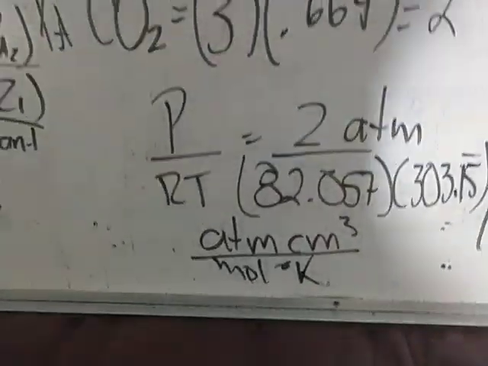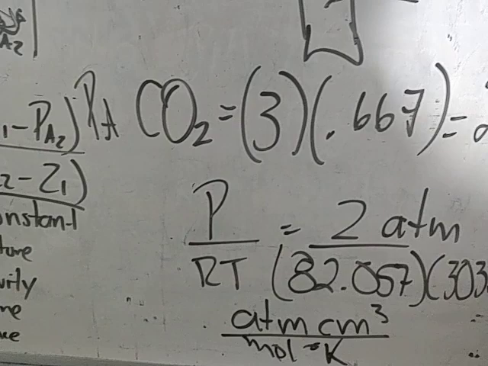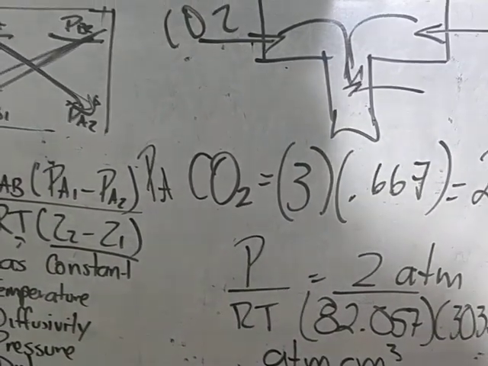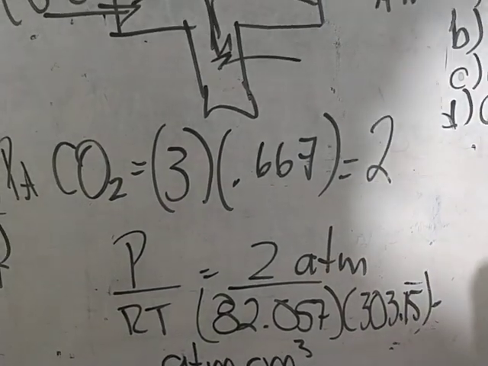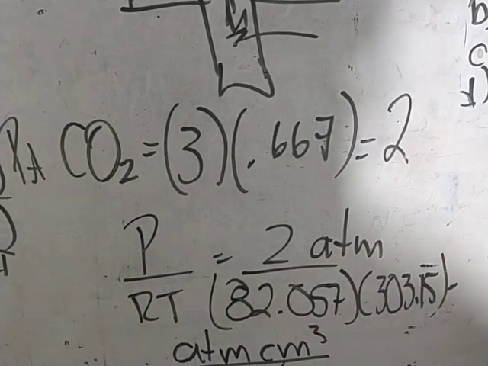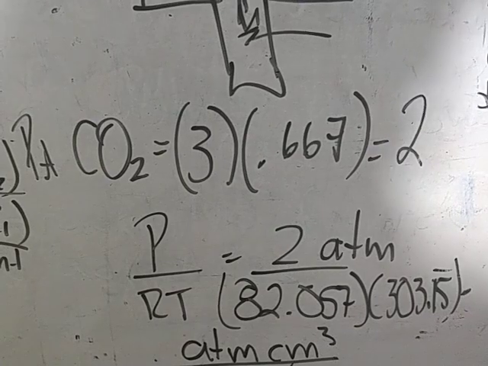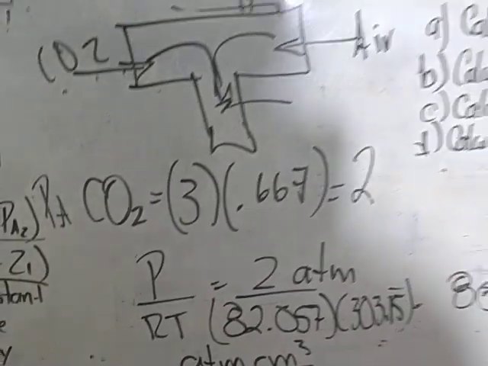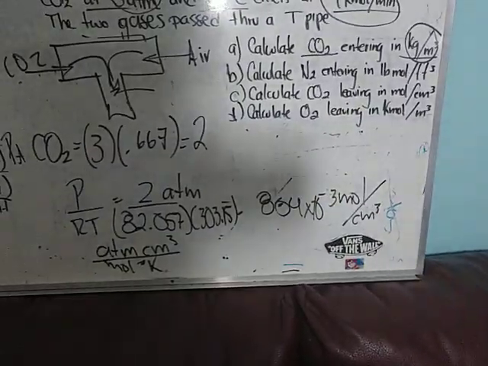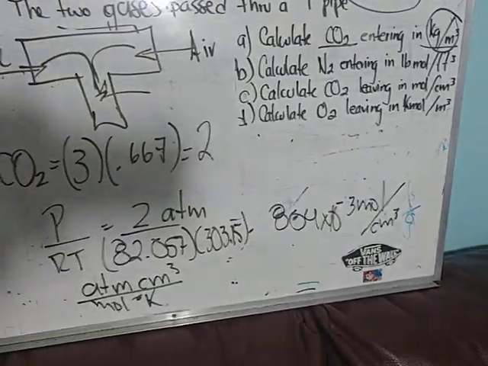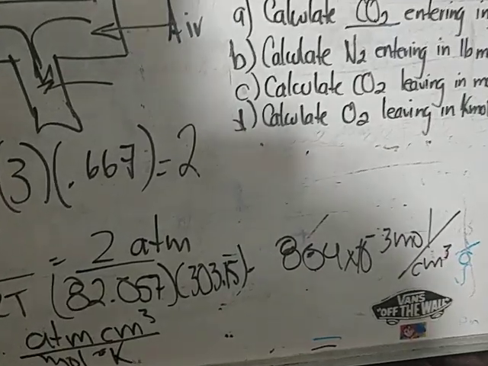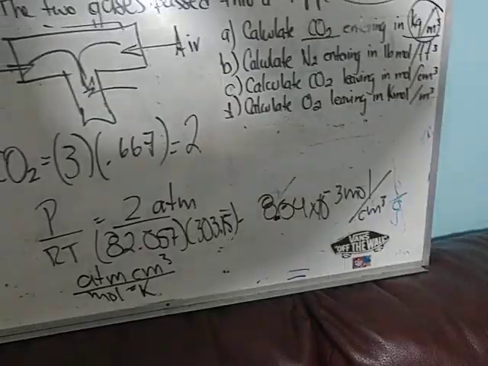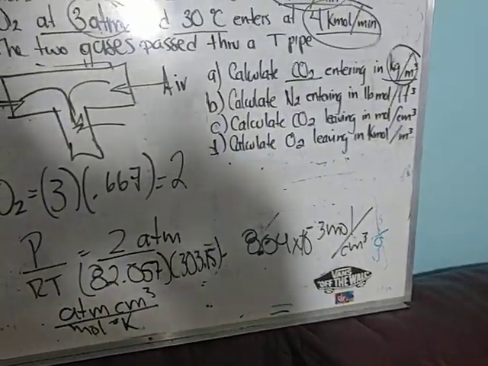When I do this, I'm going to obtain my first result, that is going to be 8.04 times 10 to the minus 3 mole per cubic centimeter. Okay, that's the first result that I'm going to obtain. Well, that's part number 3.